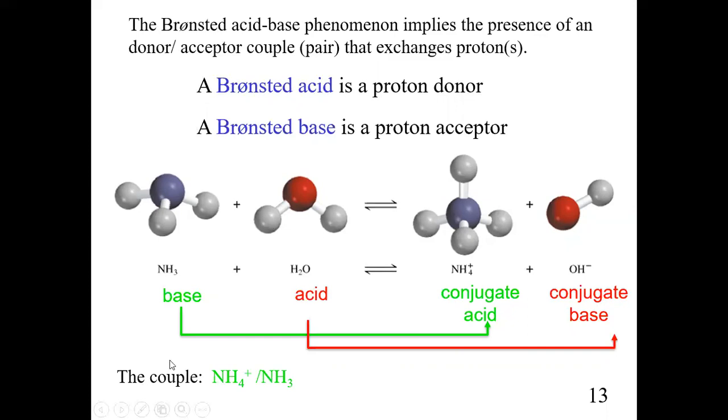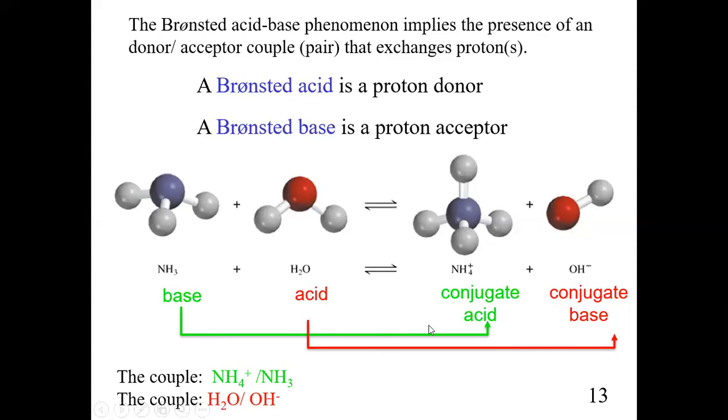The way we write up couples is we always write the donor and then the acceptor. So in this case, according to the Bronsted definition, who's the donor? We put the ammonium, and the ammonia will be the acceptor. So donor, acceptor. And here, water is the donor, becoming OH minus. So you always put the acid followed by the base.